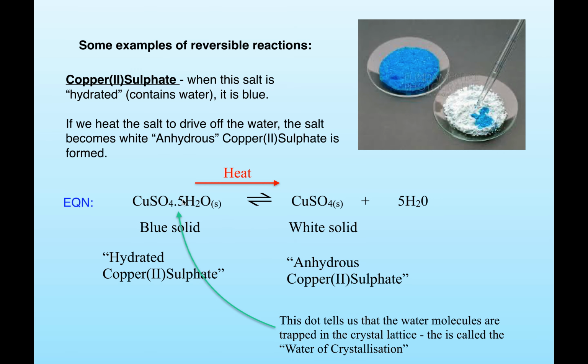This little dot within this formula is the water of crystallization of that solid. It implies that these water molecules are trapped within the crystal lattice. So whenever you see that little dot, it means the copper sulfate is not only wet, it actually contains water molecules trapped in its crystal structure.